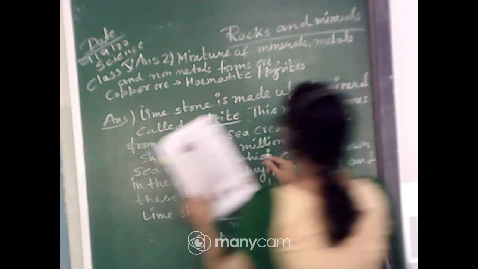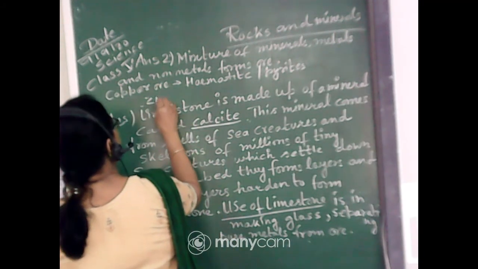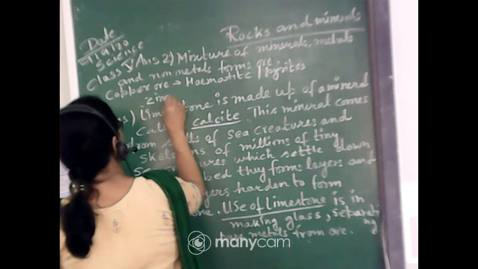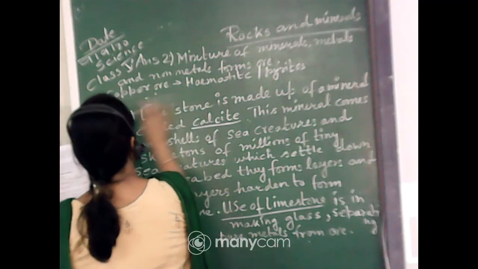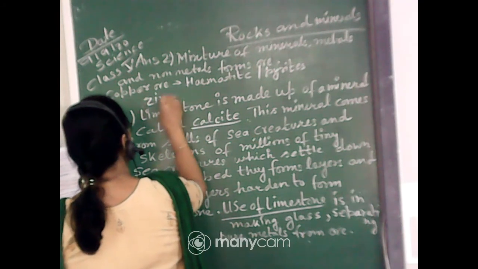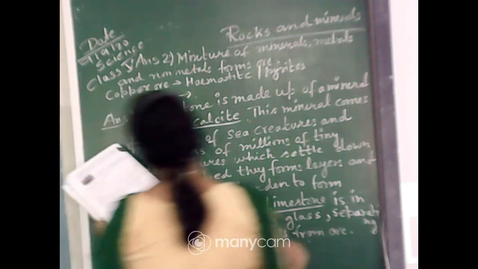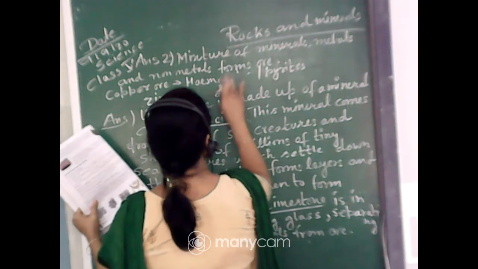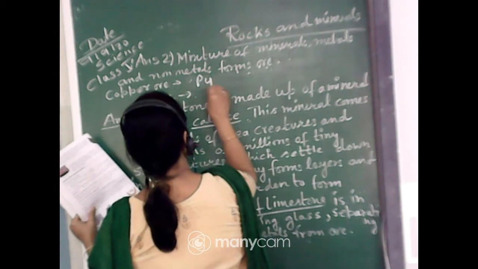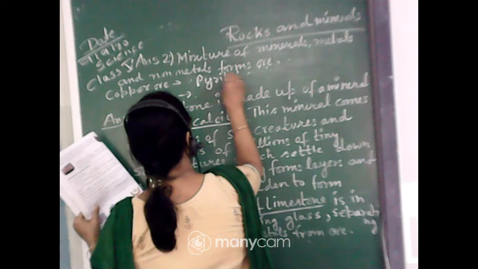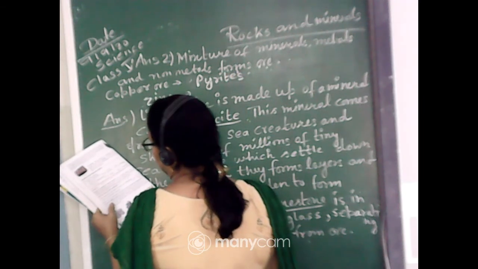And now zinc. We can write zinc ore: we can get zinc from the ore called calamine ore.